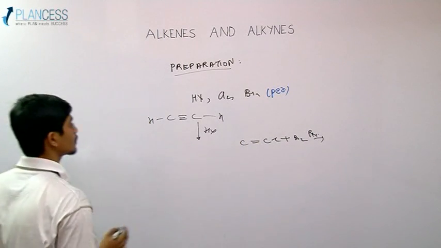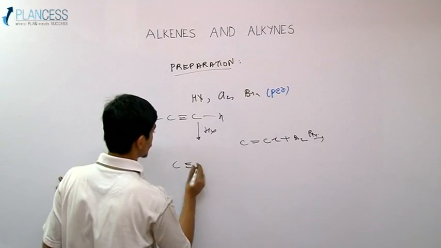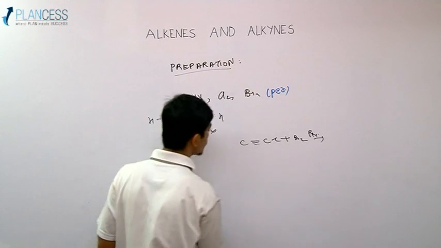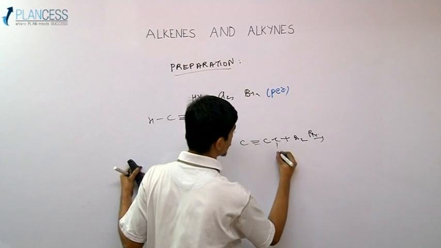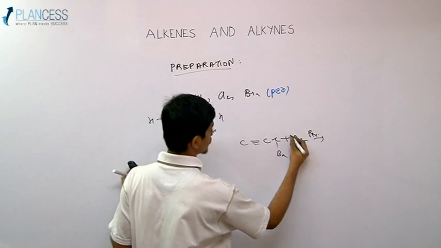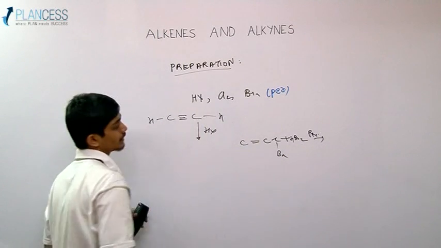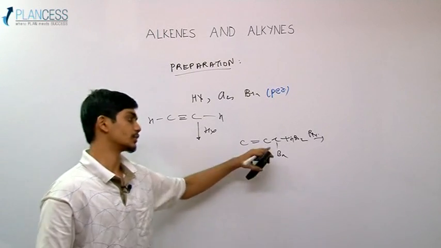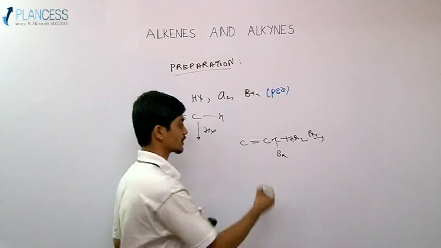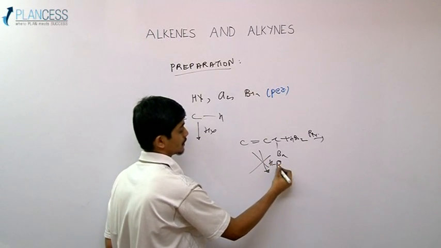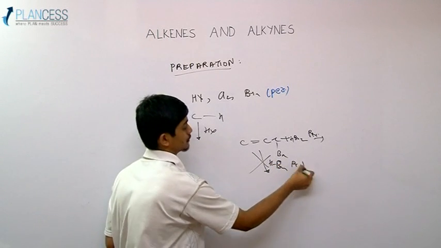Similarly here also, if you take an alkyne, suppose you take that example itself, then you will get Br2 over here. Or if you take HBr, you will get Br over here and hydrogen over here. So this type of product you will get, and this product does not undergo further reactions with HBr with peroxide.